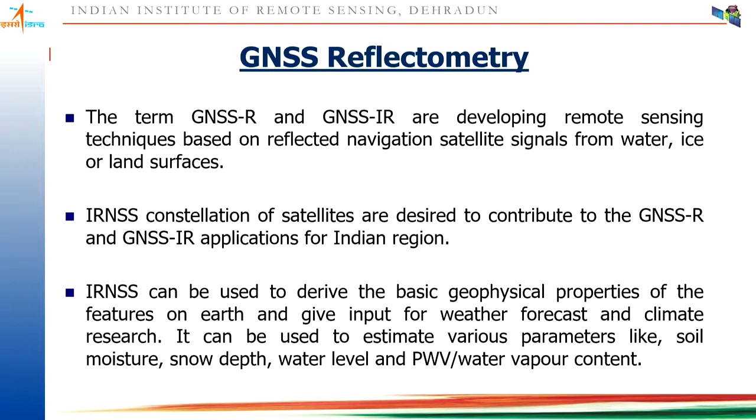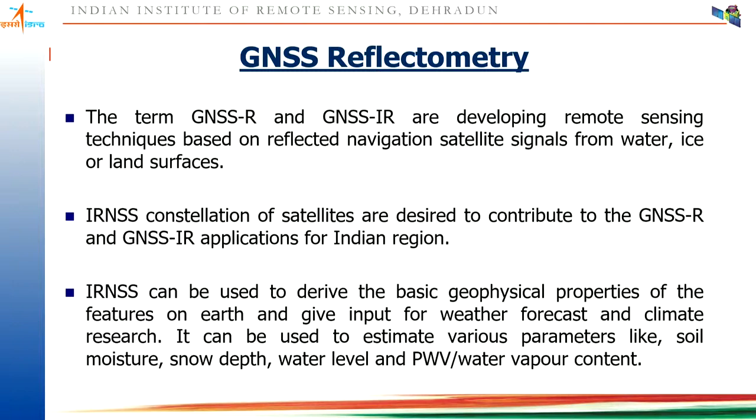Now the second thing: when the signal comes from the GPS satellite and is reflected from the surface, it will carry information about the surface as well. This time the signal will not come directly to the receiver. It will come after being reflected.